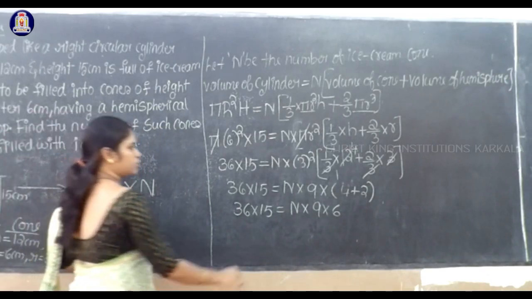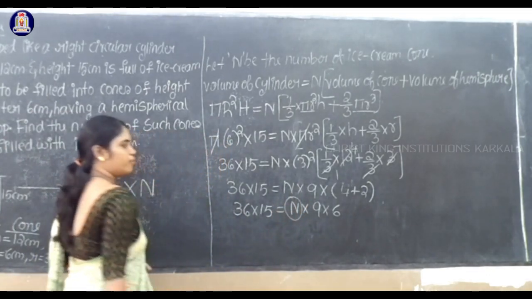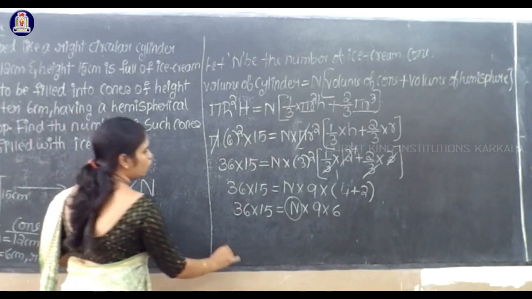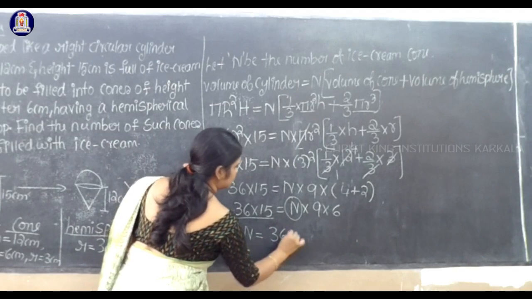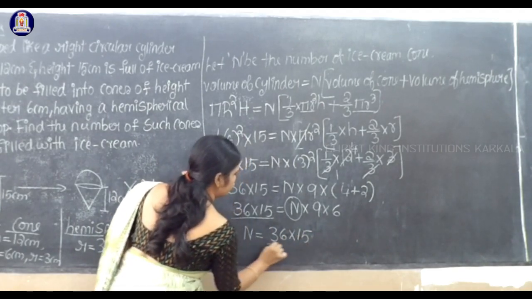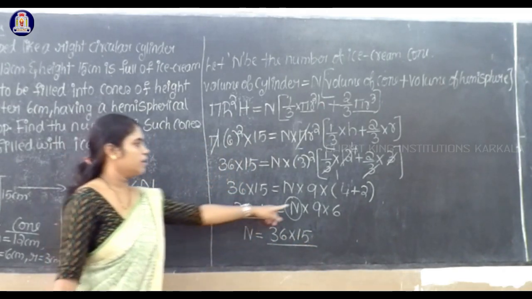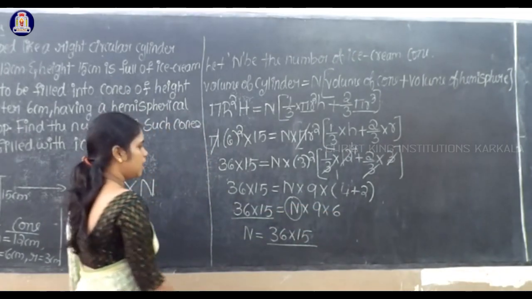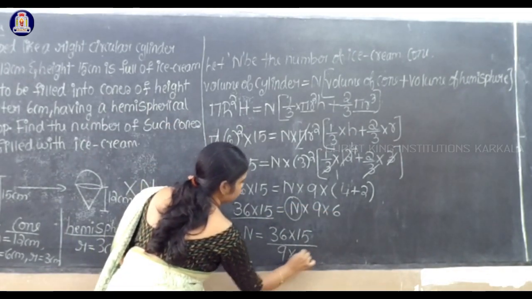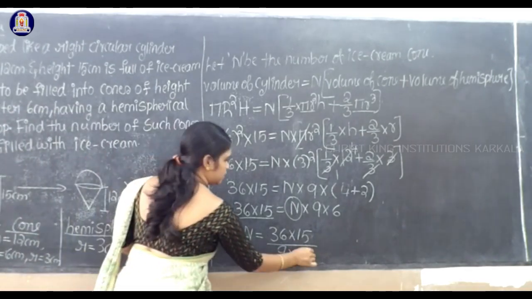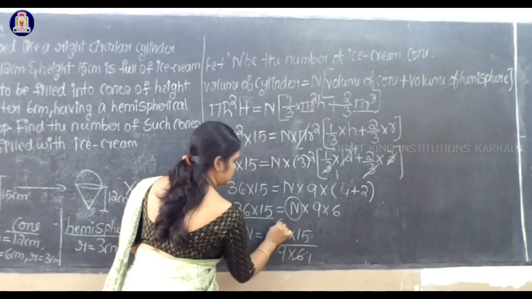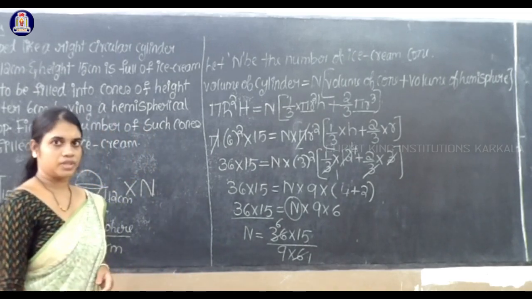So now I am going to calculate the value of n. Therefore n equals, first I will write the right hand side term, that is 36 into 15 by, what about the denominator? 9 into 6. We'll simplify now. See, 6 ones are 6, 6 sixes are 36, isn't it?